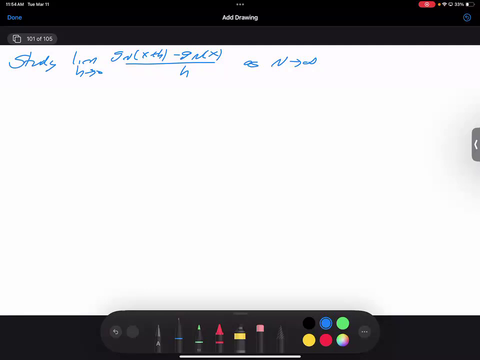So if I fix h, if I show that if I take n sufficiently large, it goes to 0, and then I can do this for any h, will that be sufficient? Which way do I have to do things?